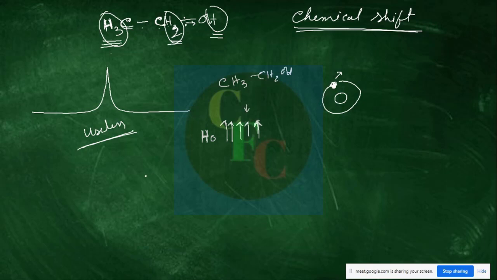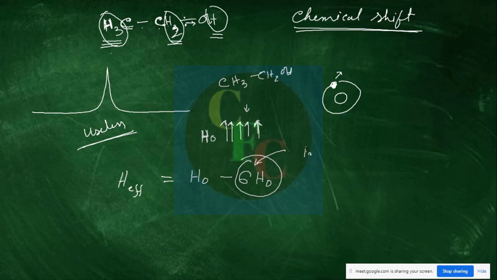As such, any nucleus actually gets the effective magnetic field. As with Slater's rule, if you remember, this is called the shielding constant, and it is particular for the environment. This is the shielding effect.